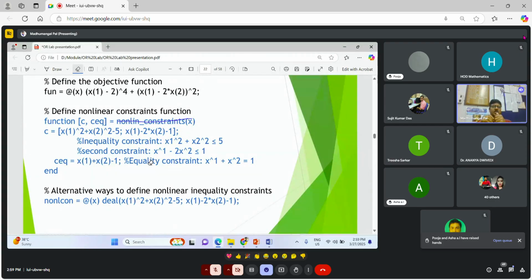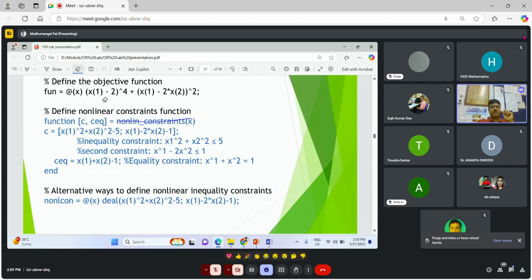Okay, so this is the technique to represent all the less than equal to constraints and equality constraints. So the set of constraints are defined here. If there are 10 constraints, then we can use 10 lines or 10 components here with C or CEQ. All the constraints can be introduced using this technique.